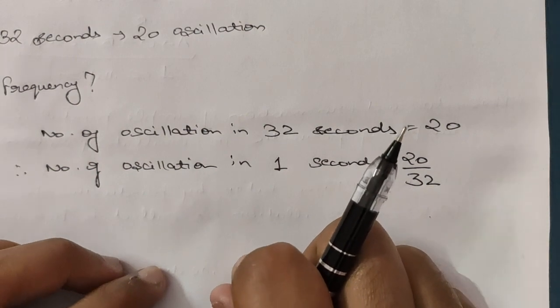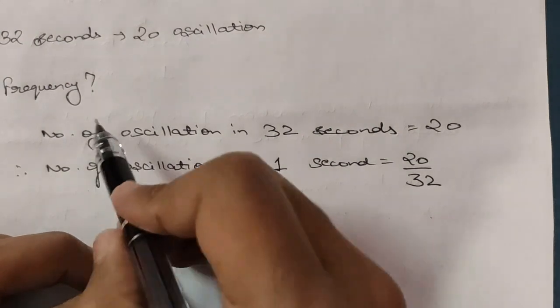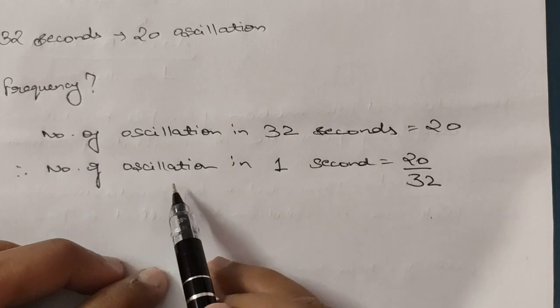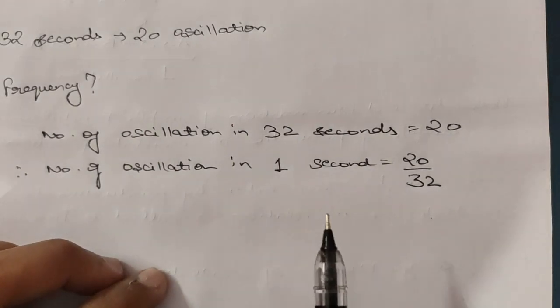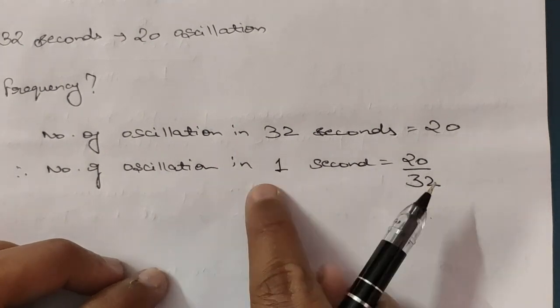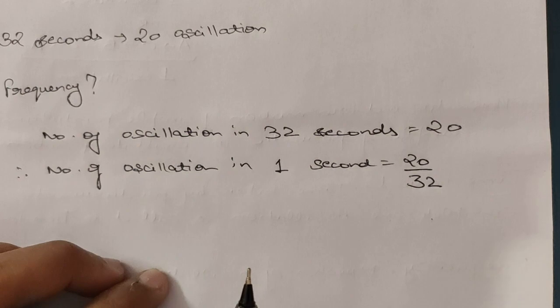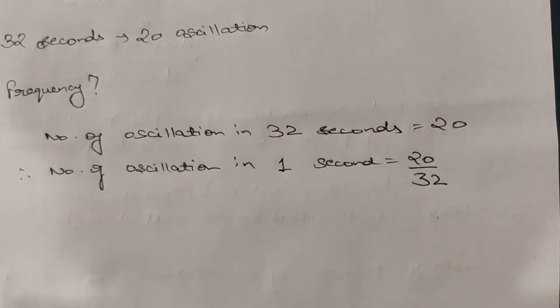Getting it? You can do it by the simple unitary method. The number of oscillations in 32 seconds is 20, so what will be the number of oscillations in 1 second? This will give you the frequency, because the definition of frequency is the number of oscillations in 1 second. And similarly, time period was the time taken to complete one oscillation, which we calculated just before. So I hope it is clear to you.